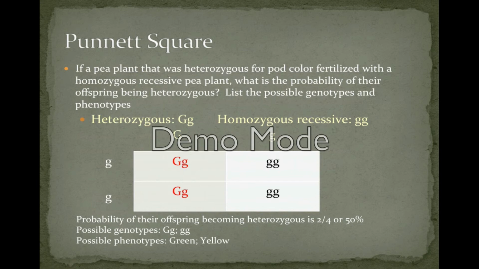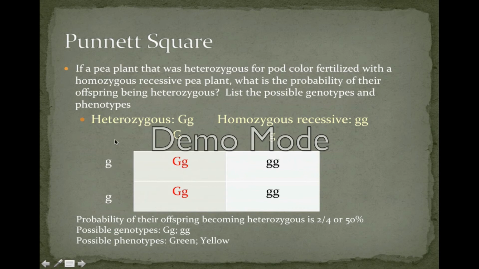To refresh our memory, heterozygous is basically the capital G and the lowercase g, and homozygous recessive is the lowercase g and lowercase g. So using the Punnett square, we made our square here, or it looks like a rectangle, but it still works. Then you would just divide it, these two, straight ahead here, and then just cross them.